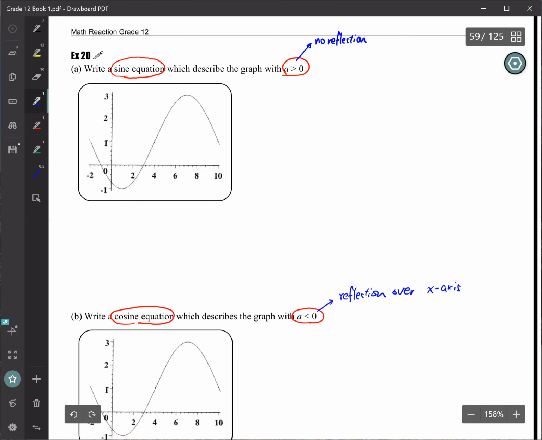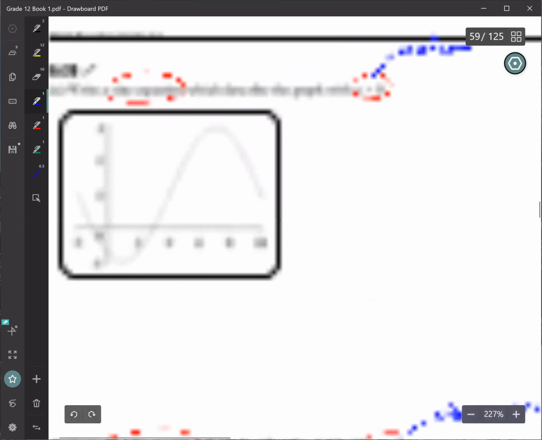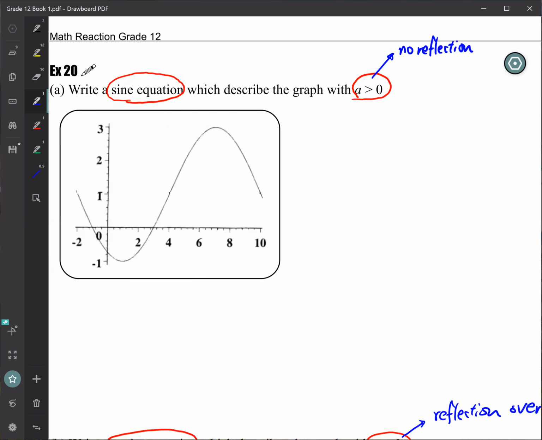Okay, so let's start with the question that has no reflection. So they want you to find an equation of sine that has no reflection. So this is a regular one, right? So let's draw that on the side. Okay, so the graph that we want, this one, right?